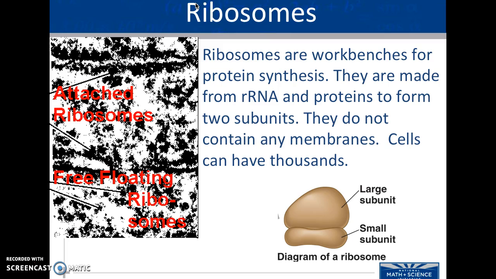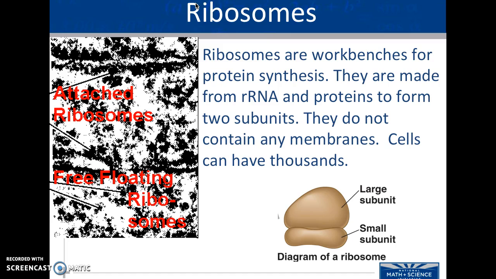Other organelles that we need to know: ribosomes are the workbenches, basically the organelle that does protein synthesis. We've talked about these organelles before. They are made from rRNA, ribosomal RNA, and proteins, in two subunits that form this larger structure, which is the ribosome.